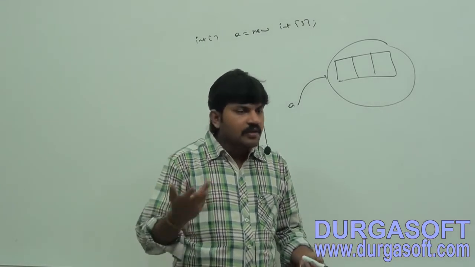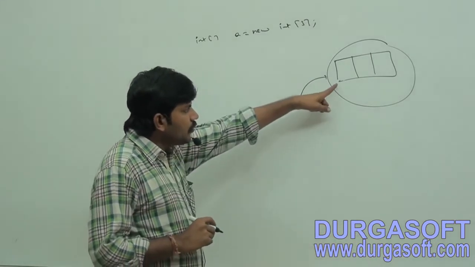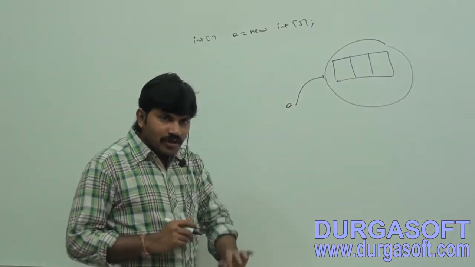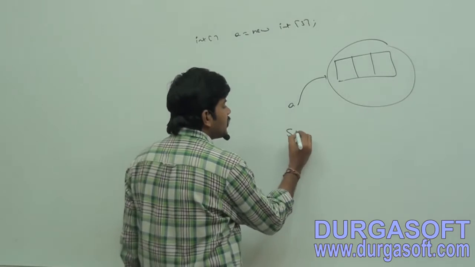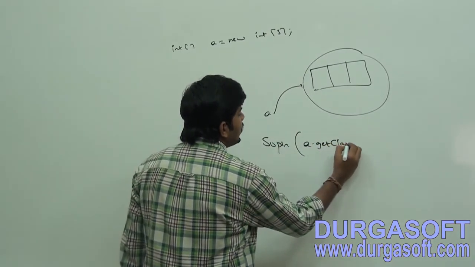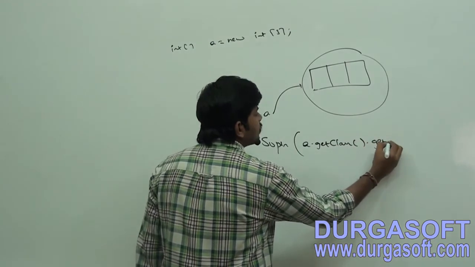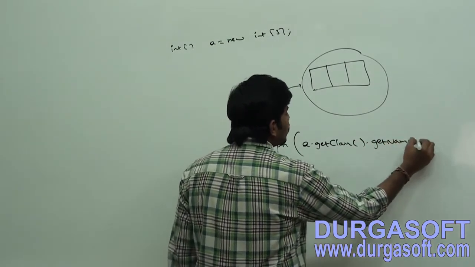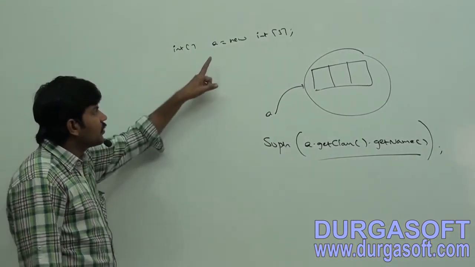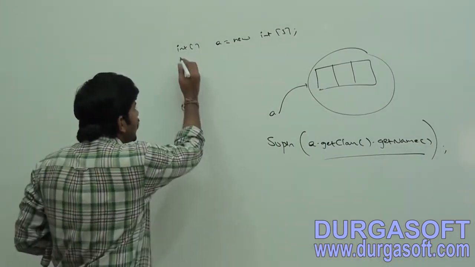How can I be aware? Simple. If you want to know, I have the object reference. If you want to know the corresponding class name, simple: System.out.println(a.getClass().getName()). Happily, the corresponding class name we are going to get by default. Do you know, a is what array?